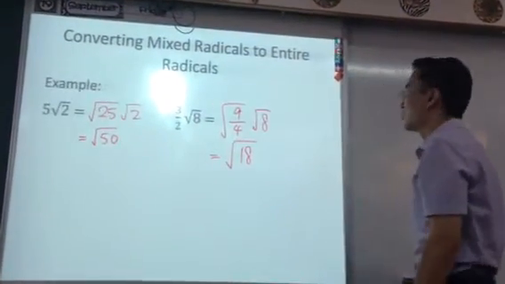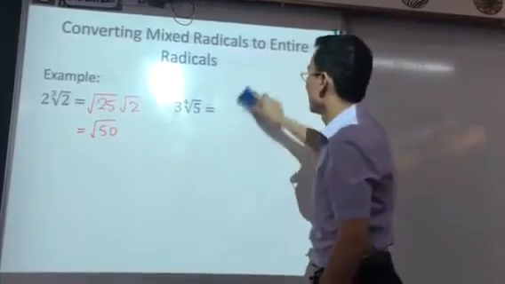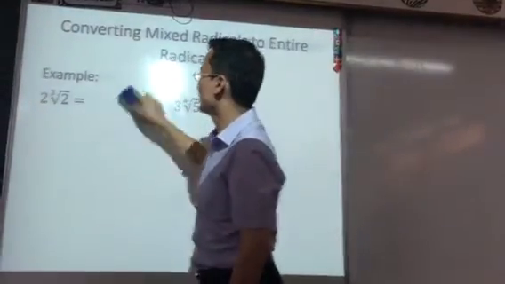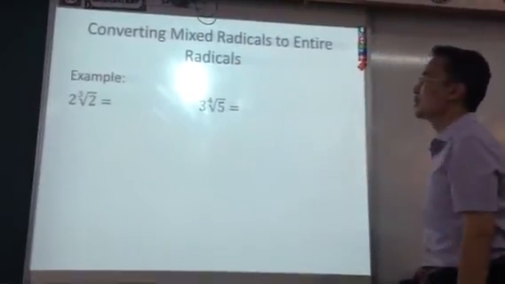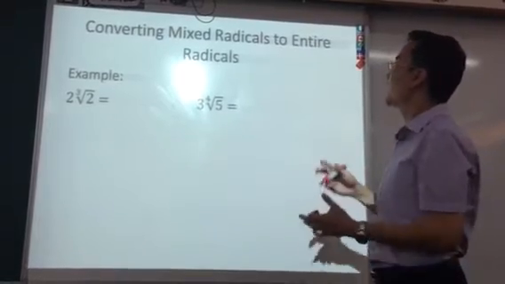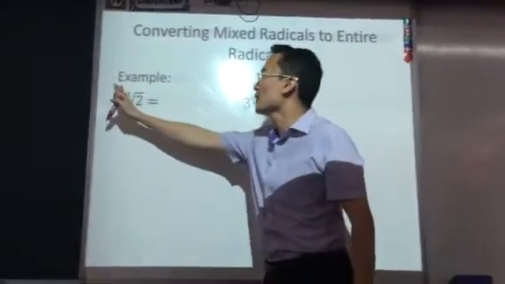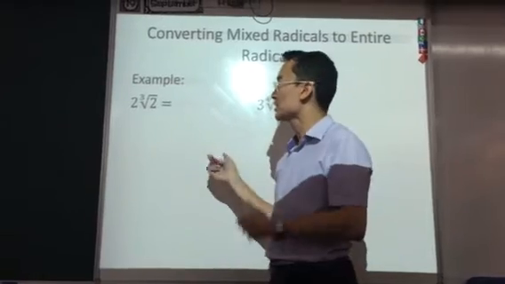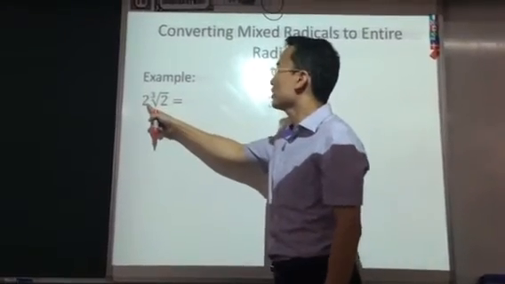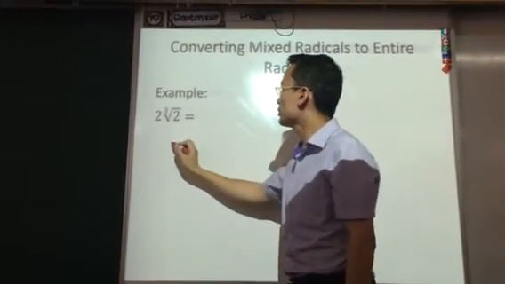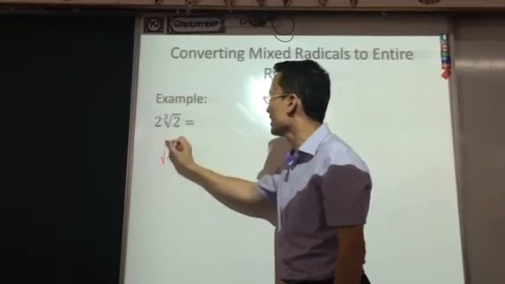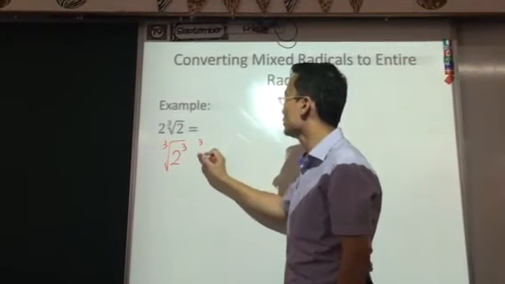All right? One more example. How about a higher power? 2 cube root of 2, converted to an entire radical, which means no more whole number, everything inside the root. So I turn it into a cube root. What you can do with the 2 is put a cube root there to find out what number will work.